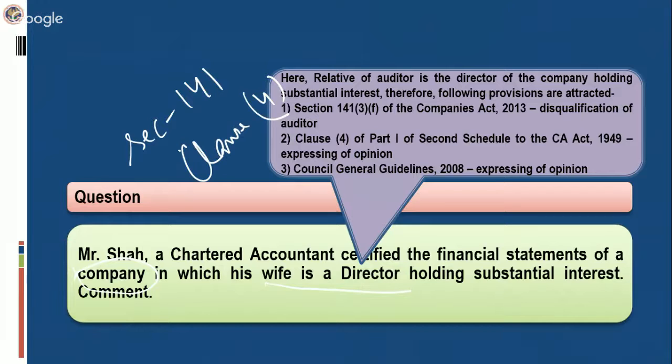That is section 141(3)(f) of the Companies Act 2013, which is on disqualification of auditor, and then clause 4 of part 1 of the second schedule to the Chartered Accountants Act, which is talking about expression of opinion, in which the partner or the auditor himself is holding substantial interest in the company. Then we have another Council general guidelines, which is again on expressing of opinion.